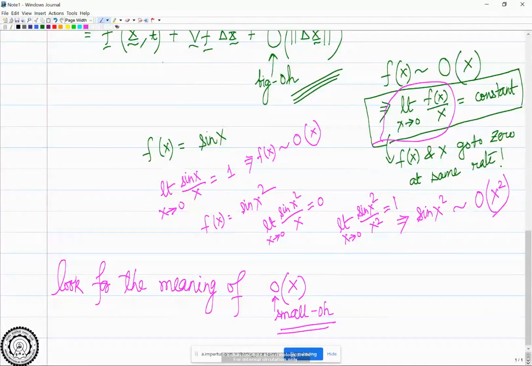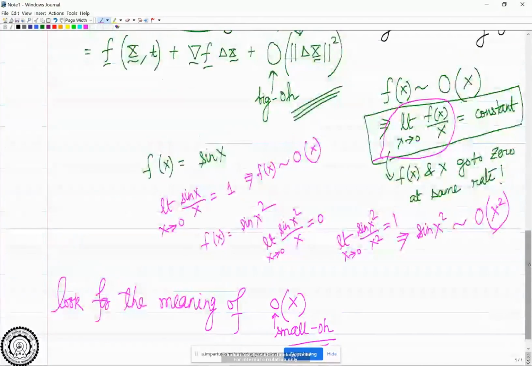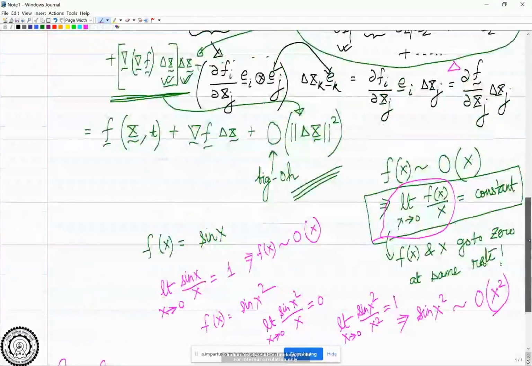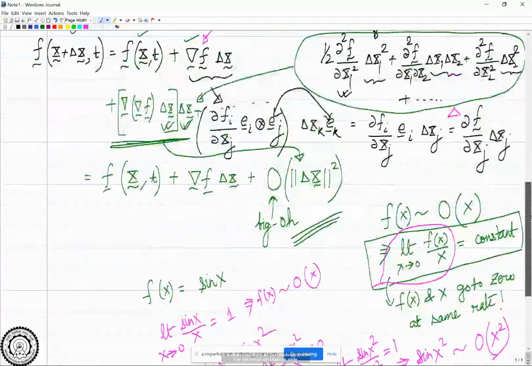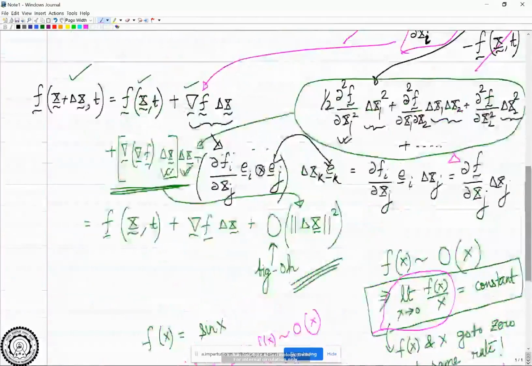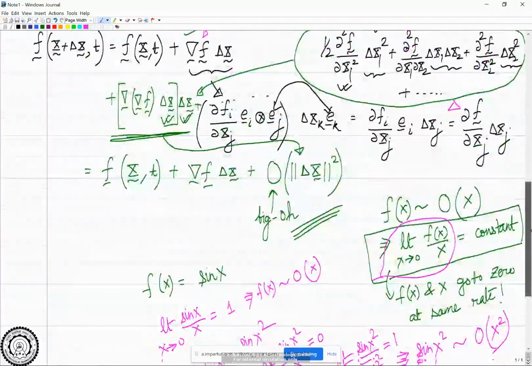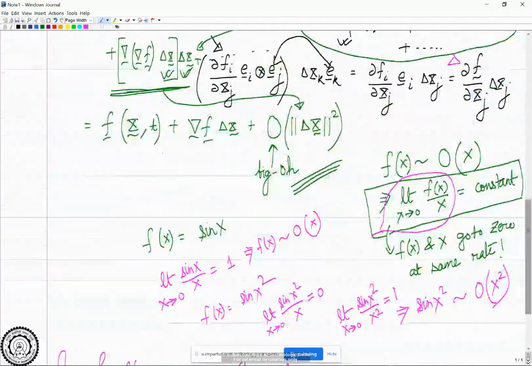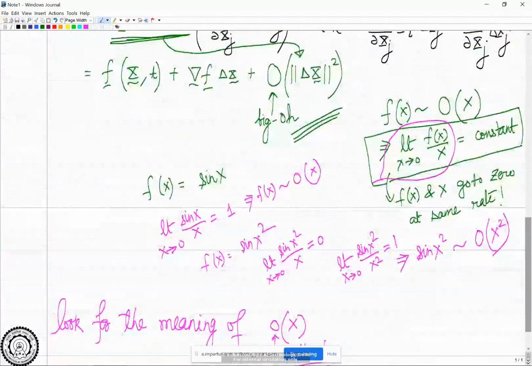Okay? Are you guys following me? Roshan? Sir, so whatever is the index in the denominator when we are calculating the limit of f of x by that x, that will be the order of the function. Yes, that is true. Yes.